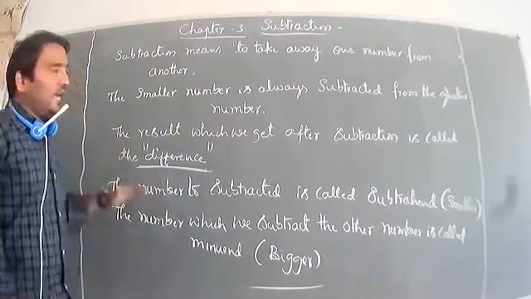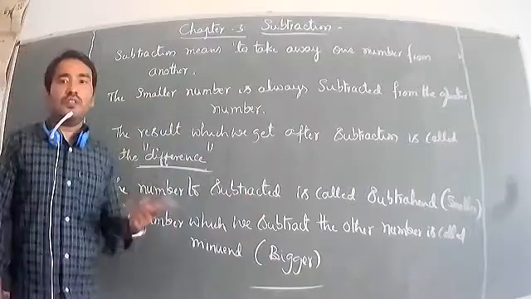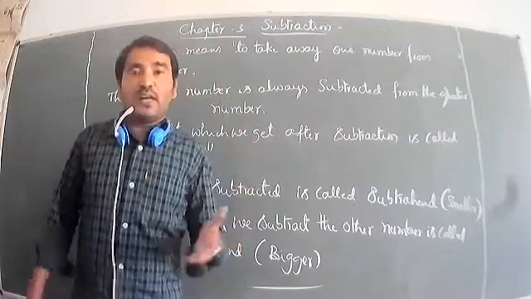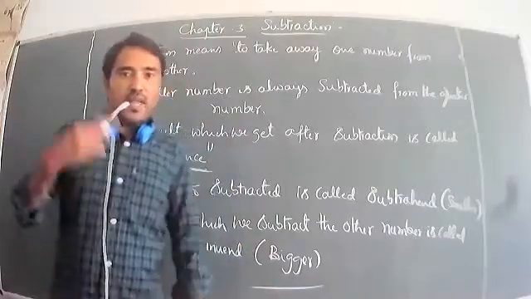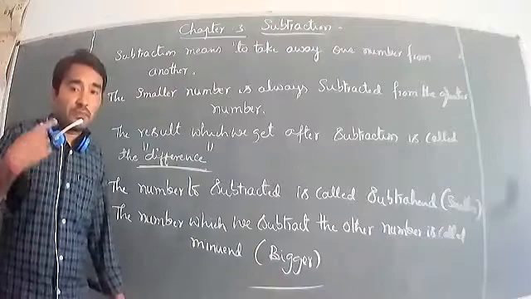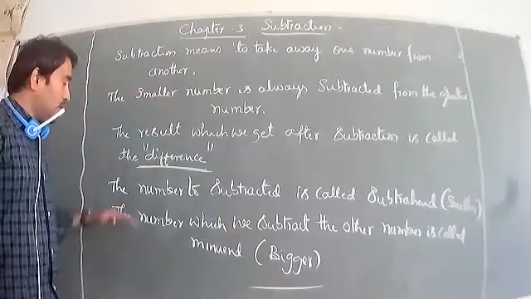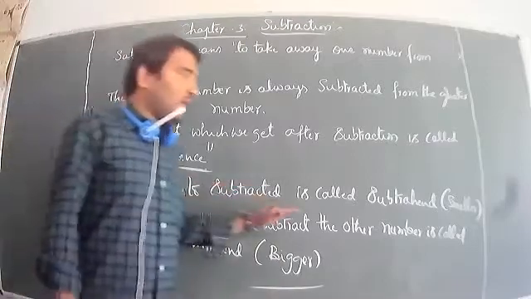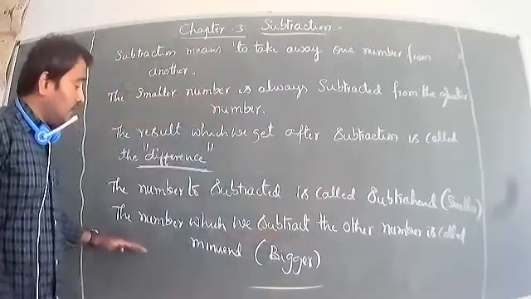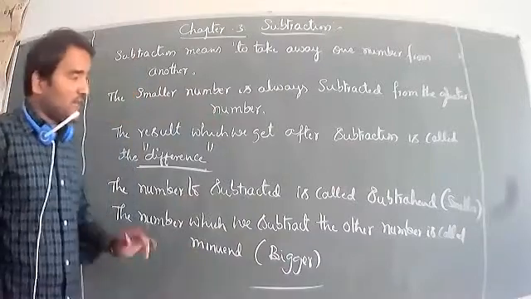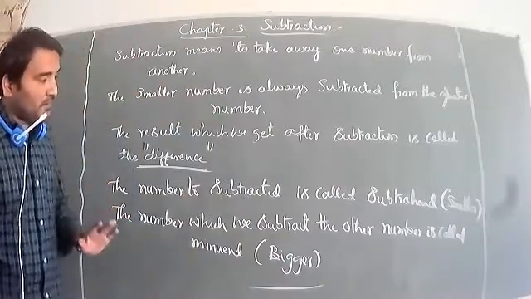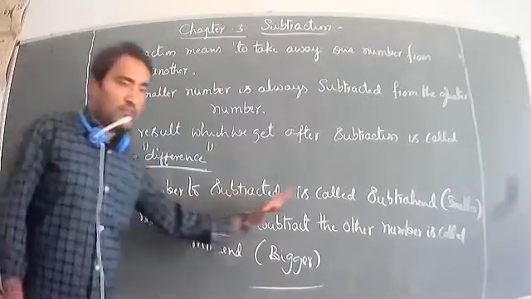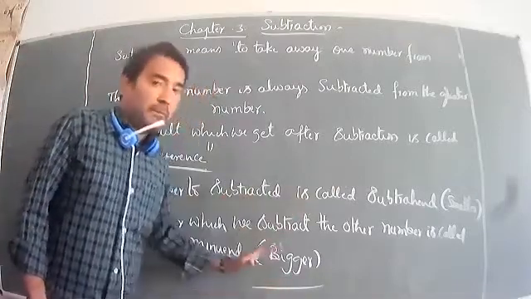In addition, the numbers to be added are called addends. But here we have two numbers, and the order of subtraction is very important. The number to be subtracted is called the subtrahend. The number from which we subtract the other number is called the minuend. So the subtrahend is the smaller value, the minuend is the bigger value.